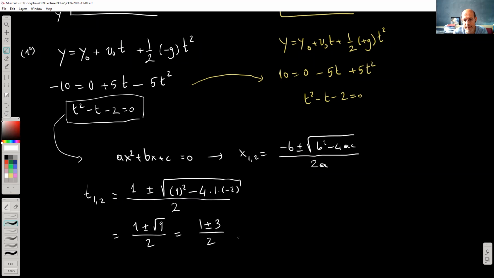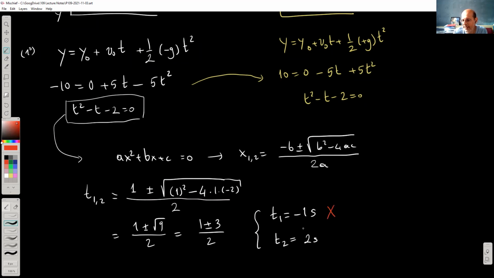All right, so I'm just going to write down the solutions like that. We have these two solutions, t1, which is minus 1 seconds, and a second solution, t2, that's 2 seconds. Okay, and at this stage, we then inspect these solutions and see which one is the one that we want.